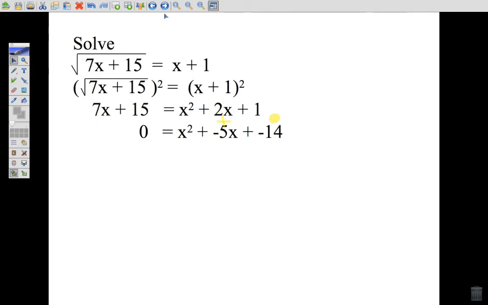Let's see if this equation will factor. Are there any factors of negative 14 that sum to negative 5? Indeed there are. Negative 7 times positive 2 give you a product of negative 14, and negative 7 plus positive 2 give you negative 5. So we have now factored that quadratic.